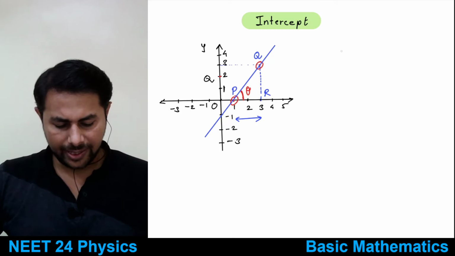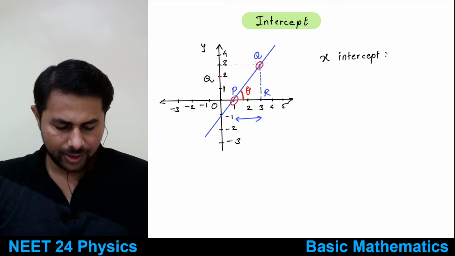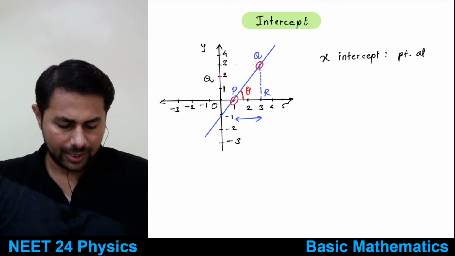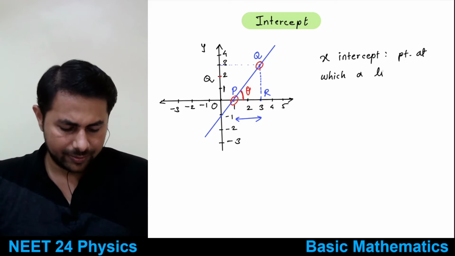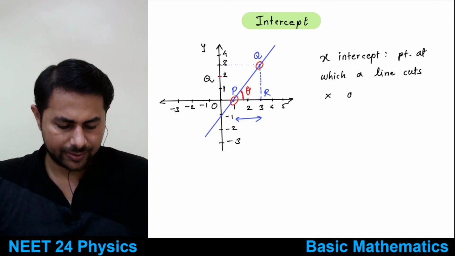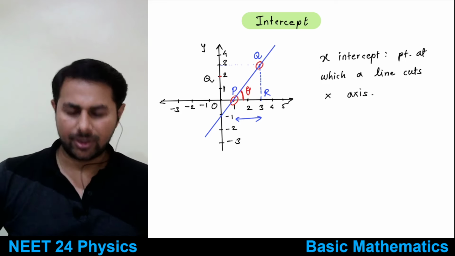So what is the x-intercept here? It's the point at which a line cuts the x-axis, and it's not the point, it is the x coordinate of that point.